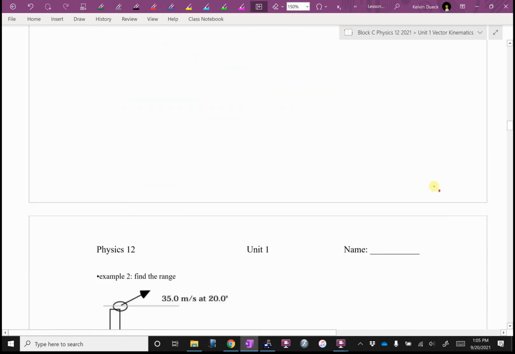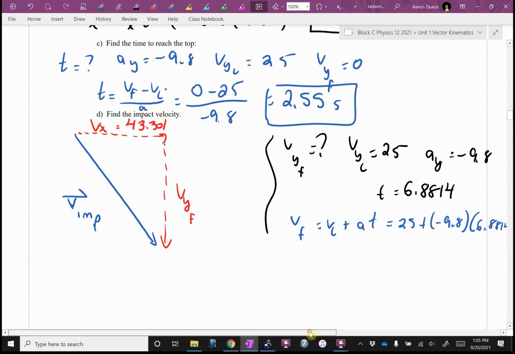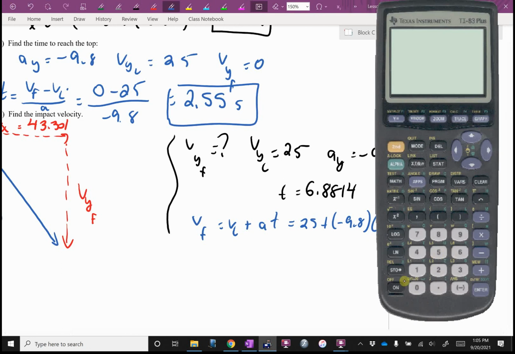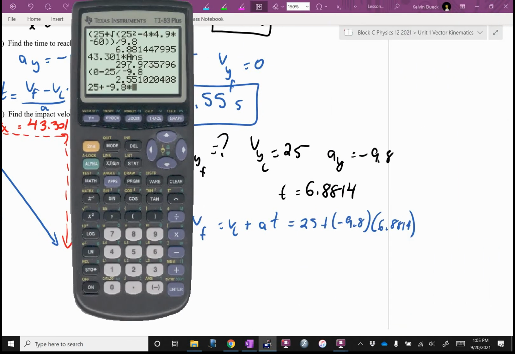Oh. 6.8814 plus negative 9.8 times... Typo. Come on, keyboard. Does that look right? Do you get negative 42.4? How about negative 42.438?